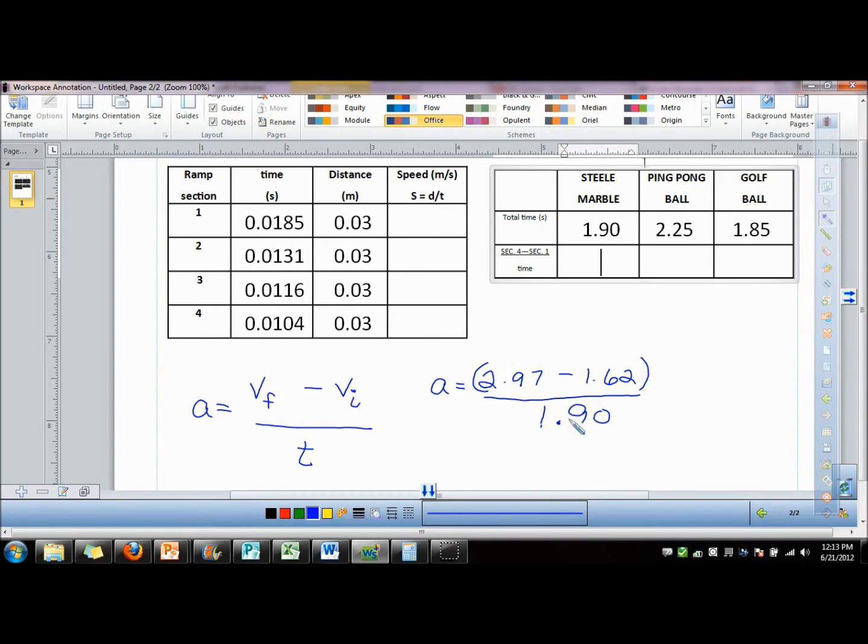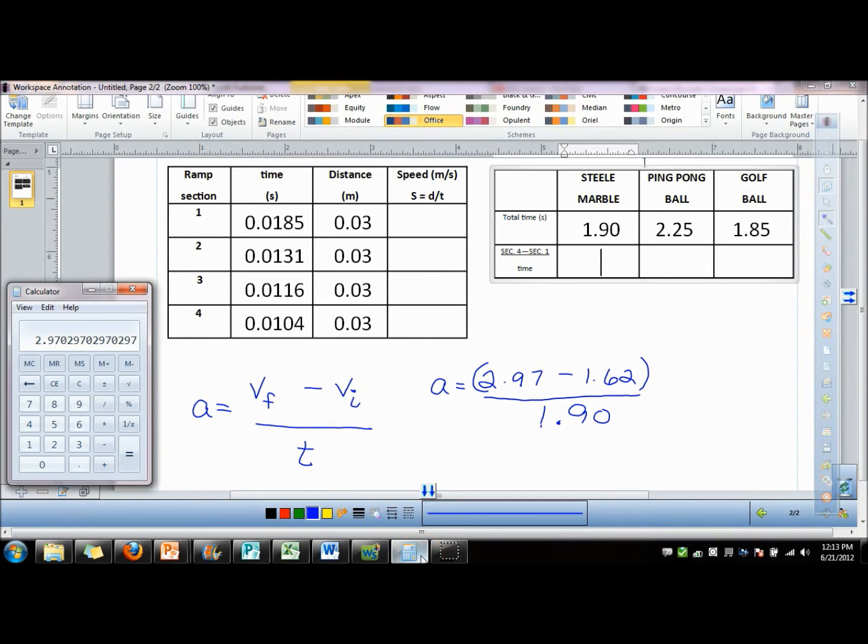Okay, now let's pull up the calculator and see what we get. 2.97 minus 1.62. It's important here that you press enter. If you don't press enter, your calculator thinks you want to divide by the last number you just put in. Once you press enter, then you can divide by 1.9.